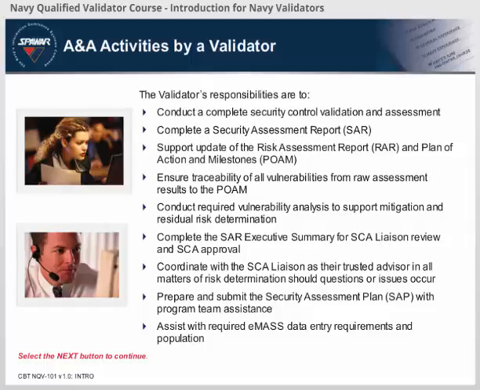Completes the SAR Executive Summary for SCA Liaison Review and SCA Approval. Coordinates with the SCA liaison as their trusted advisor in all matters of risk determination should questions or issues occur. Prepares and submits the Security Assessment Plan, SAP, with program team assistance, and assists with required EMAS data entry requirements and population. Overall, the validator's activities focus on testing, reporting, and assessing risk.